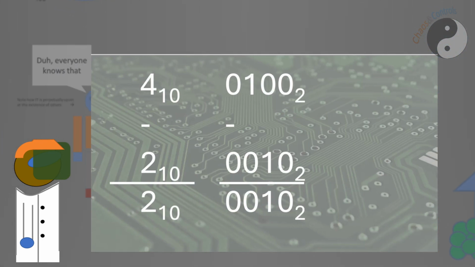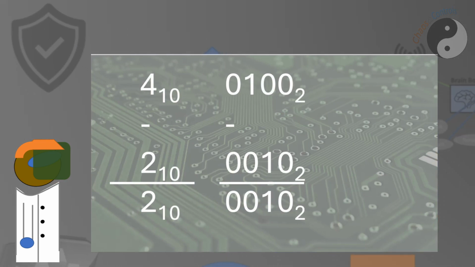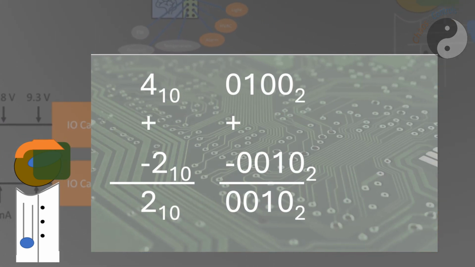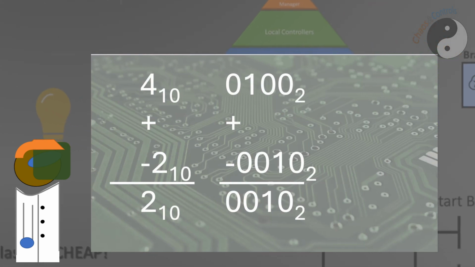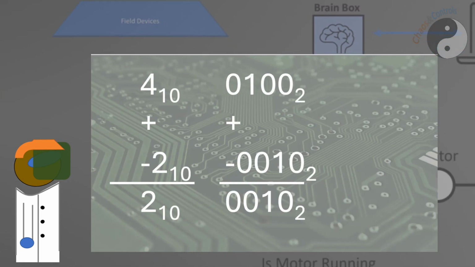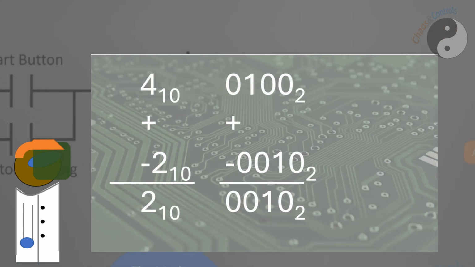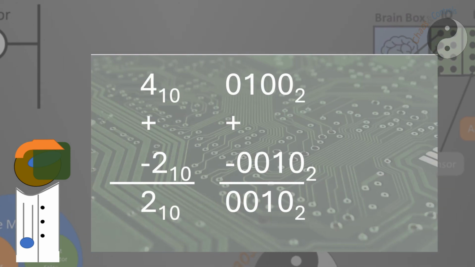We want to continue using the addition circuit. And so instead of using 4 to subtract 2, we could actually take 4 and add negative 2. Right now, I'm just using a sign convention on the binary to indicate that this is a negative number. And so still nothing spooky here.